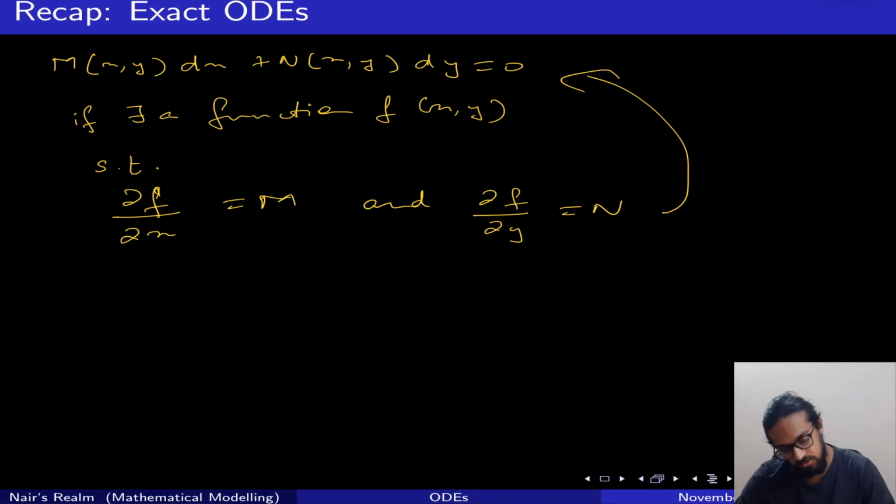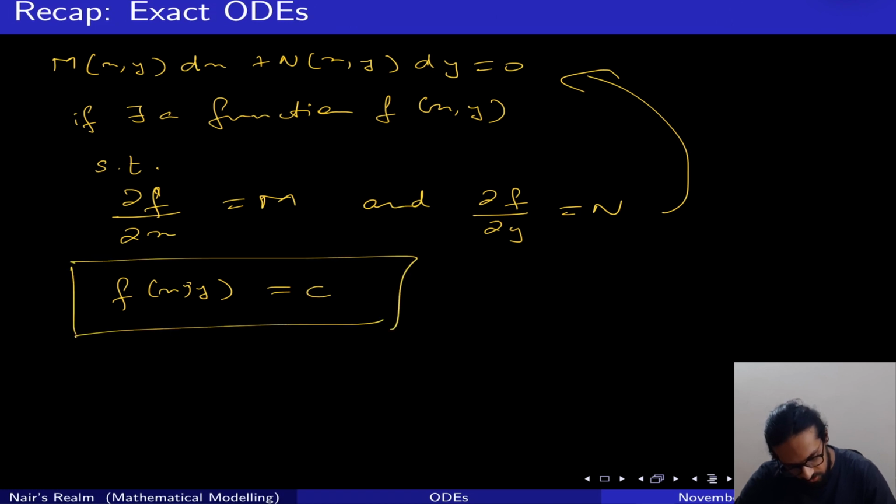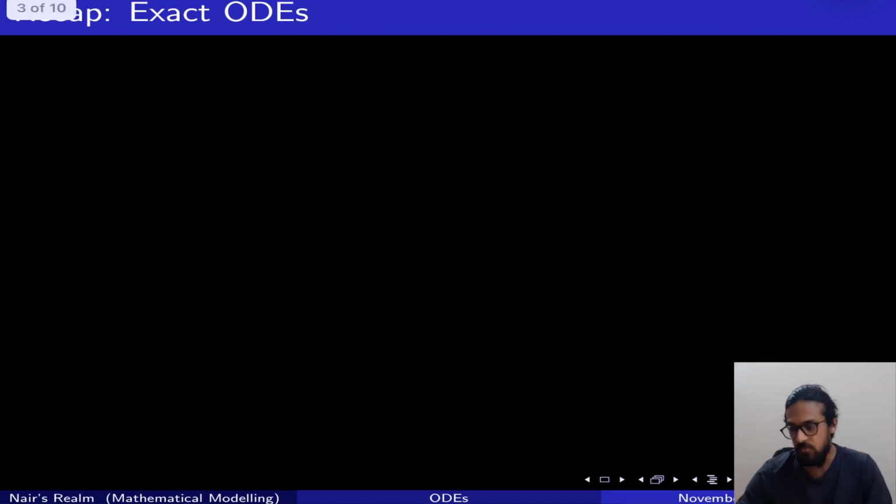And in fact, the solution of that differential equation is actually nothing but f of x comma y equal to c.